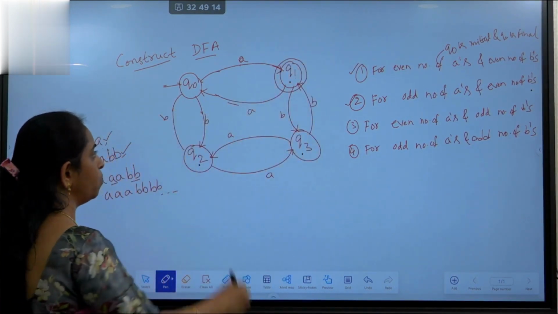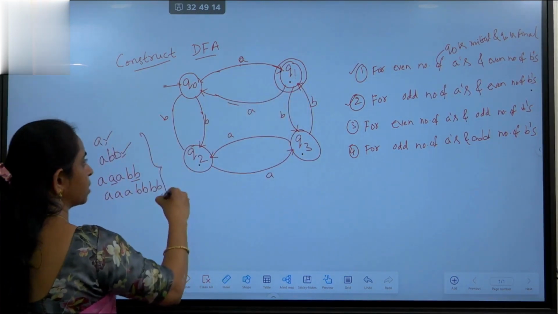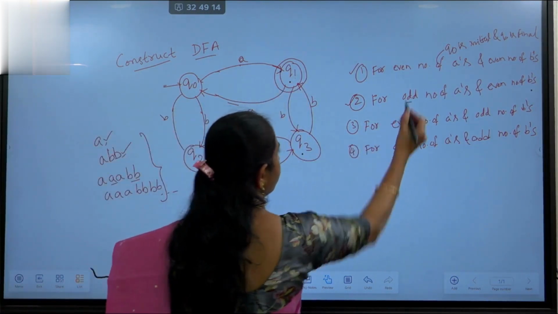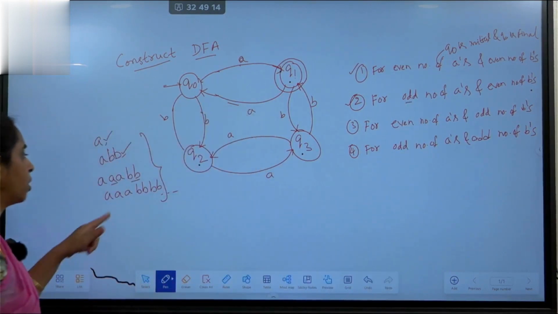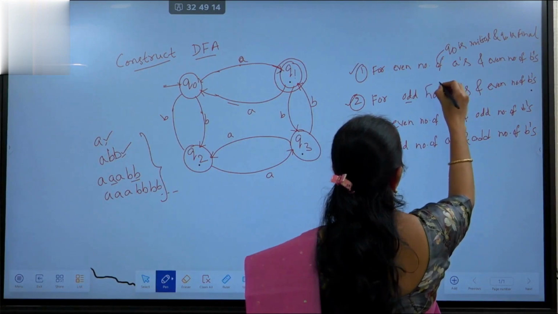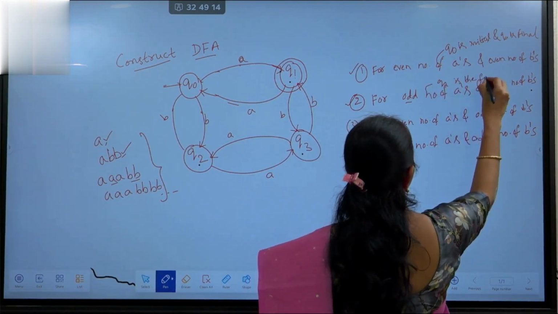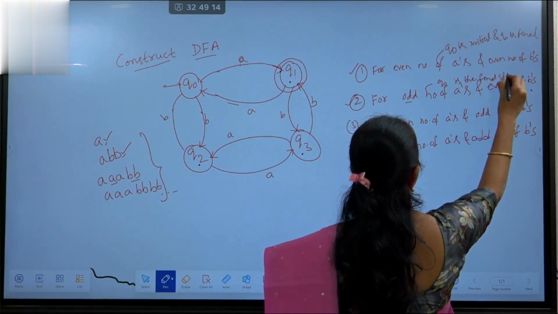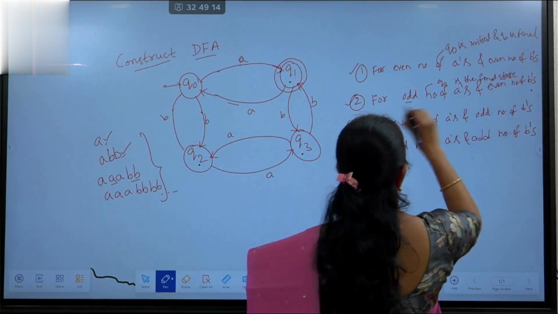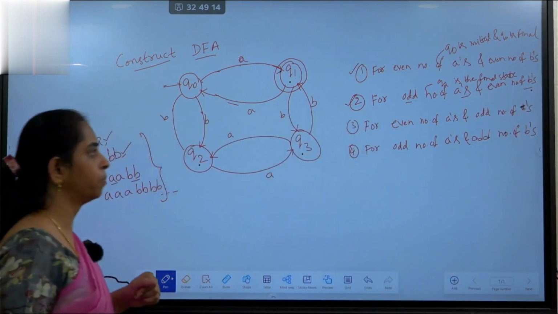So whenever we make Q1 the final state, it satisfies all the strings, whenever we have odd number of A's and even number of B's. So that means Q1 is the final state, it satisfies odd number of A's and even number of B's.